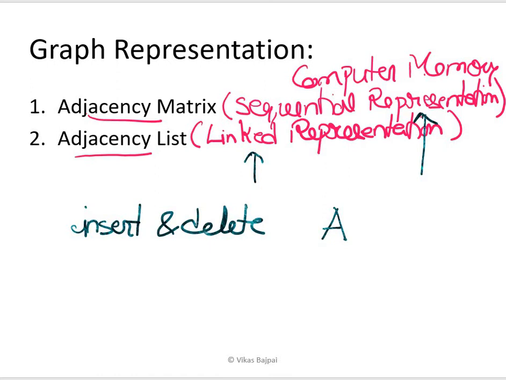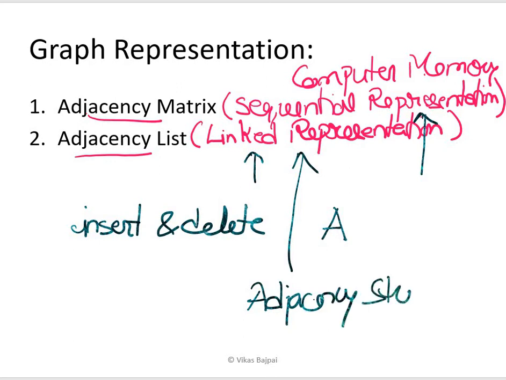If we go ahead with linked representation, then that reordering of the matrix will not be required, because now we are going ahead with linked representation, which is also called your adjacency structure.